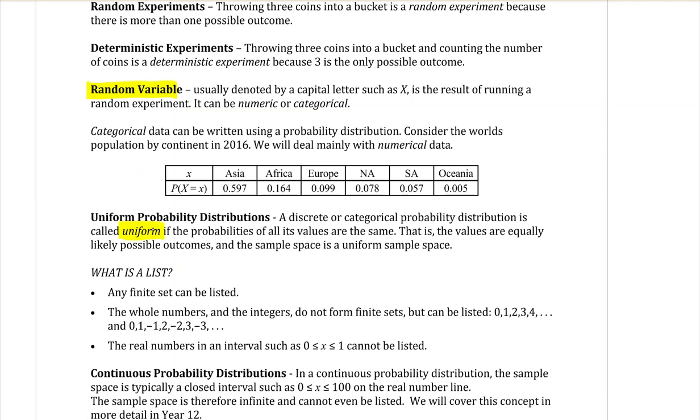The real numbers in an interval such as 0 to 1 cannot be listed, because if I'm using the words real numbers, that means all of a sudden I'm on a continuous scale, because I could have any decimal numbers in between 0 and 1. So that is not a possibility here. We're only dealing with the discrete numbers.